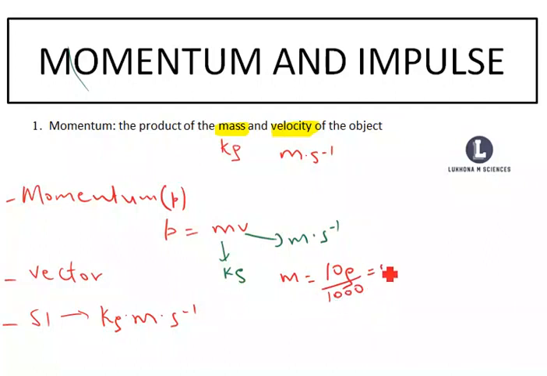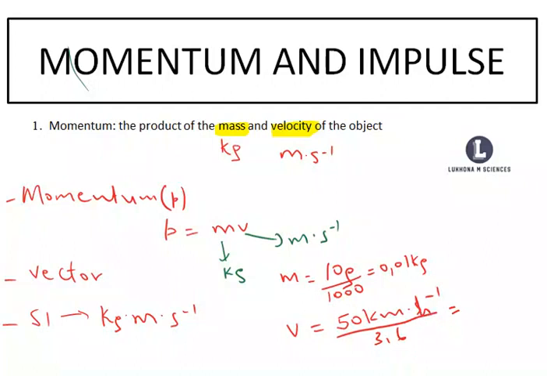That is 0.01 kg. Always check the SI units. If the speed is not in meters per second, for example, let's say you have 50 kilometers per hour, you need to divide by 3.6 so that the speed will be in meters per second.